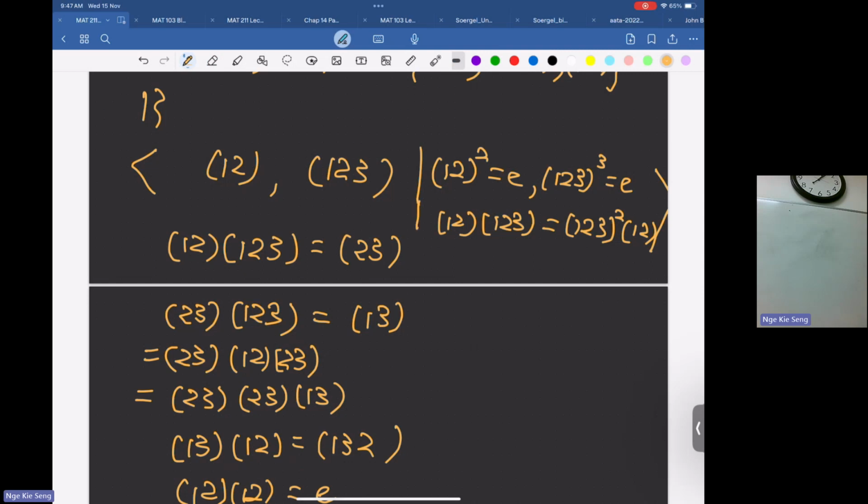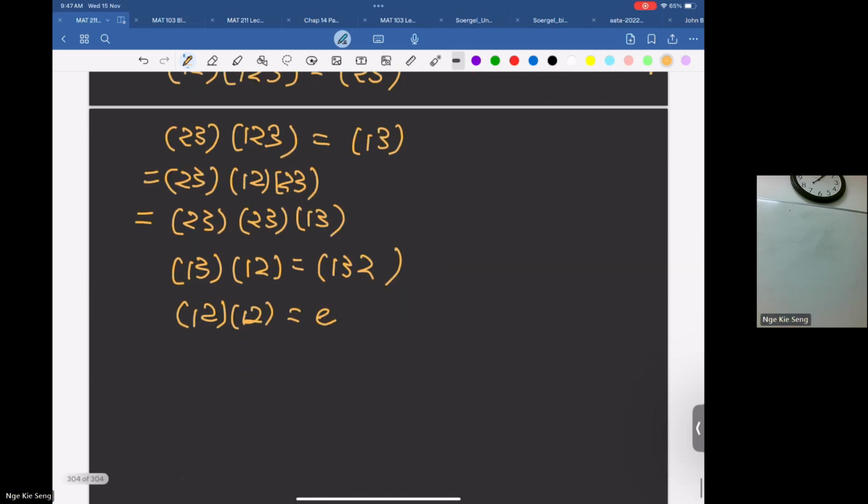Okay, and then you can check that with these three relations here, you can generate this calculation. You forget already what 1,2 and 2,3 do. What do I mean by this? So let's say I let x equal 1,2, y equal 1,2,3.